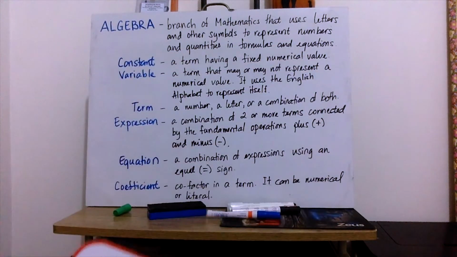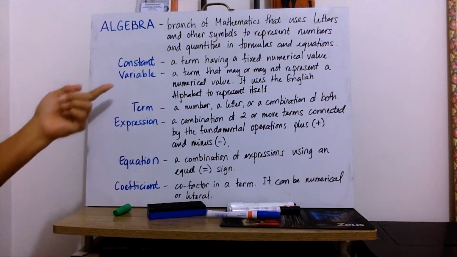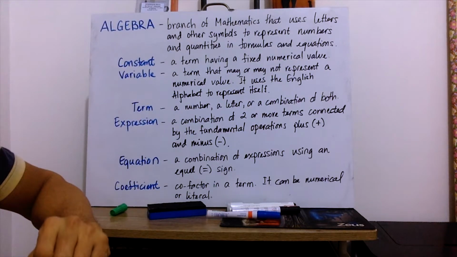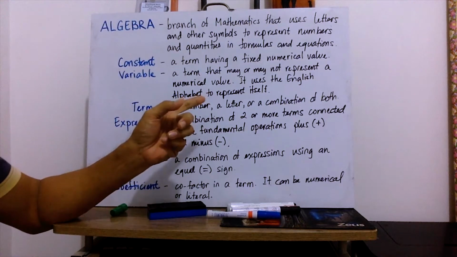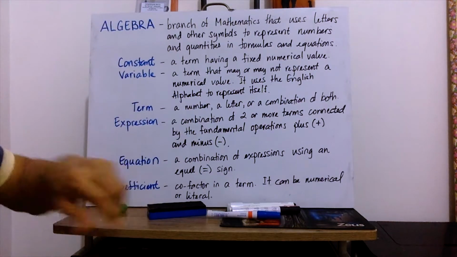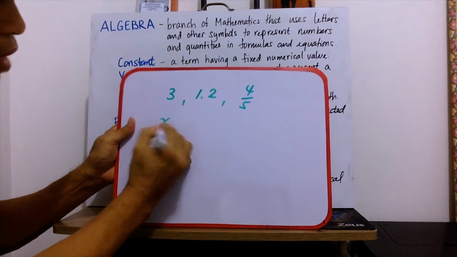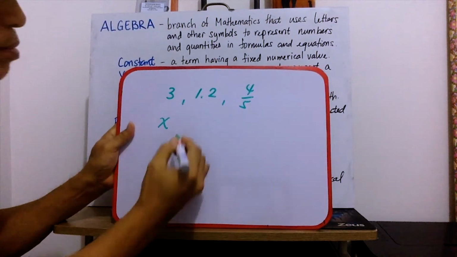They have a fixed value. Then we have a variable. What's a variable? It's a term that may or may not represent a numerical value. It uses the English alphabet to represent itself. Examples: X, that's the most commonly used variable.